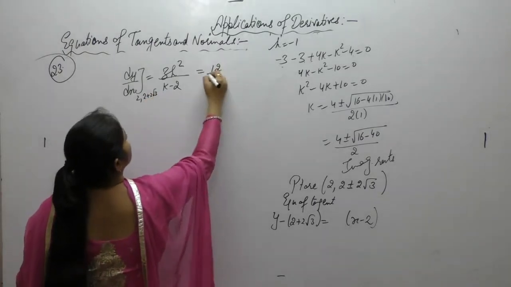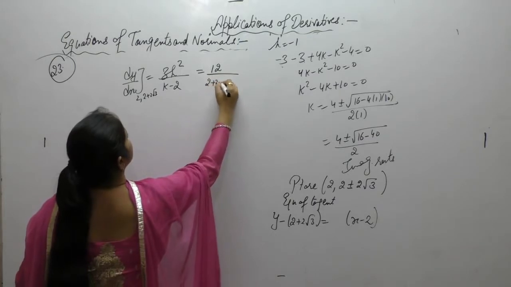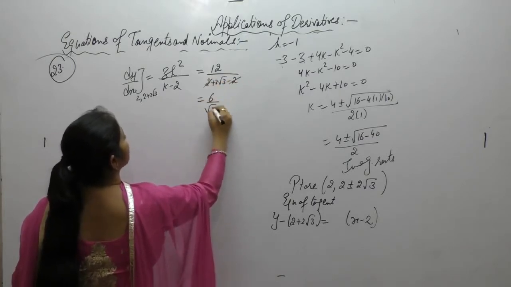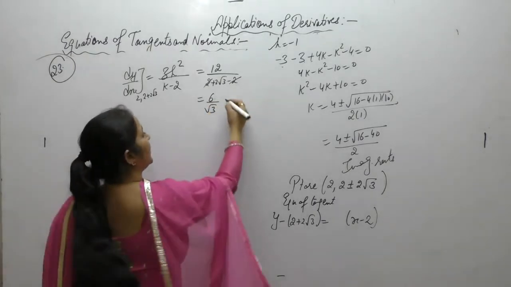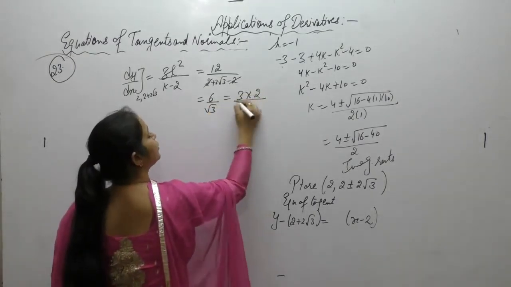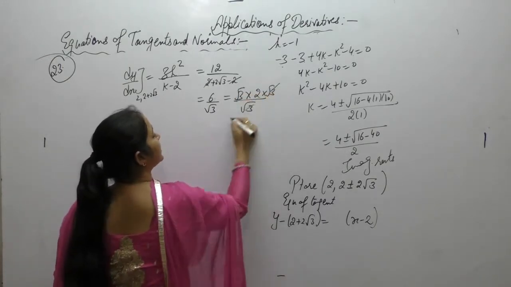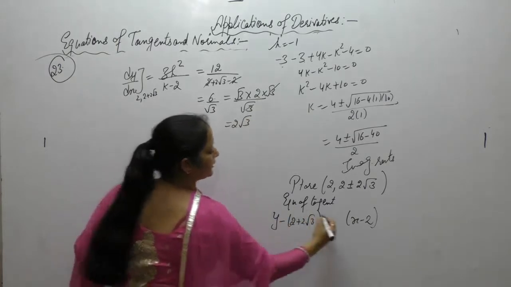So 3 times 2 square upon 2 plus 2 root 3 minus 2, so we get 12 upon 2 root 3, which is 6 upon root 3. We can write 6 as 3 into 2 and 3 as root 3 into root 3. So we get 2 root 3.